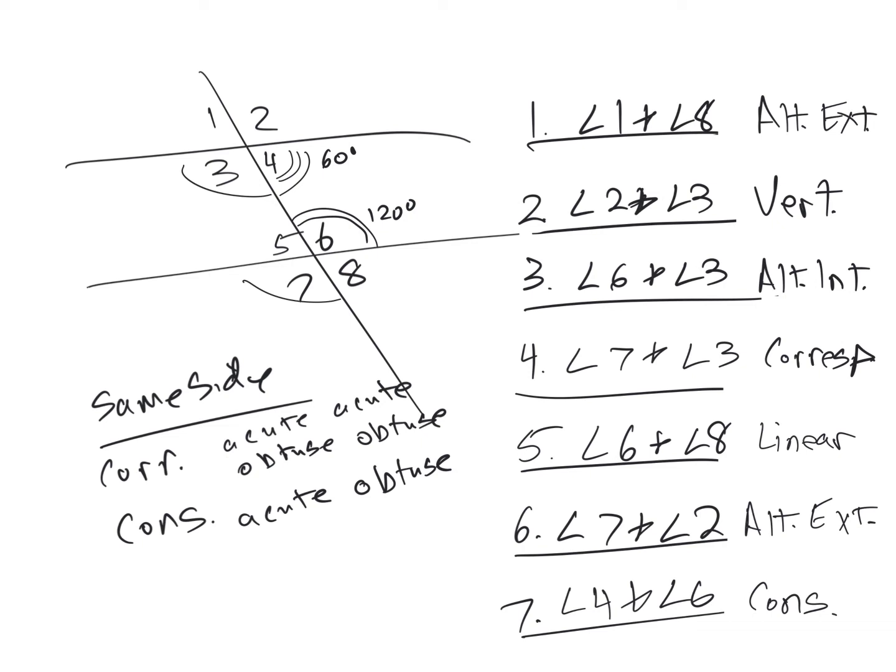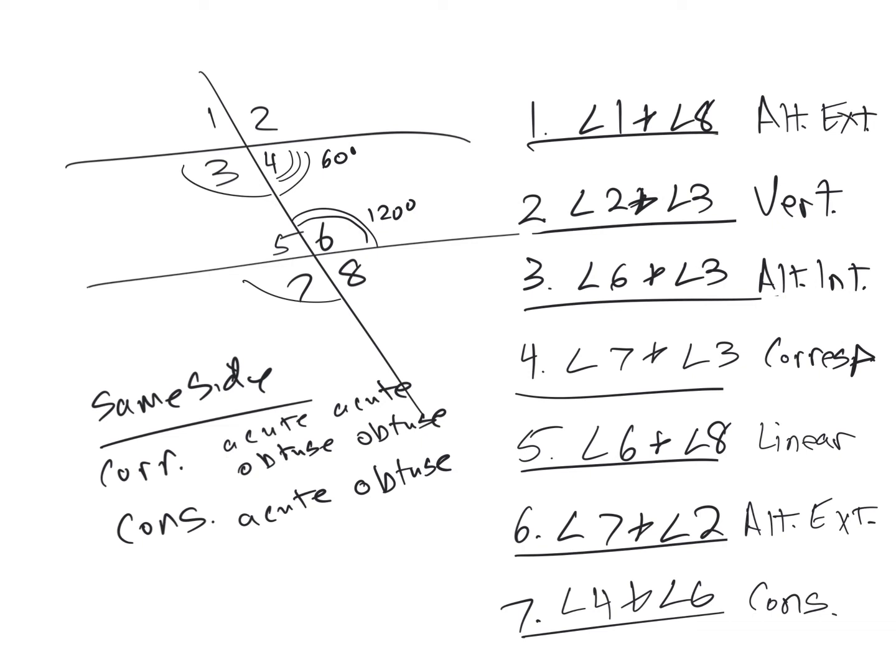Wait, why wouldn't 6 and 8 be consecutive? Consecutive means that they're going to add up to 180, and yes, 6 and 8 add up to 180.